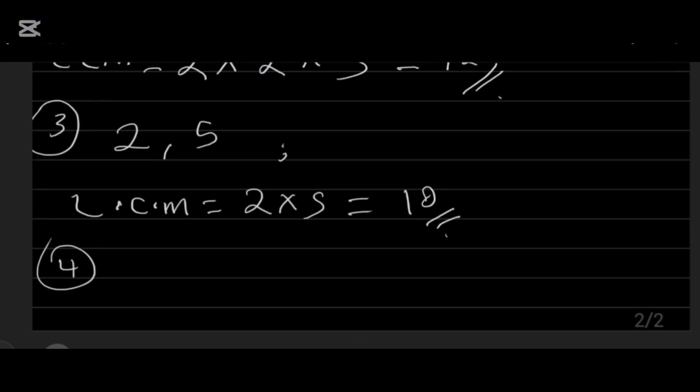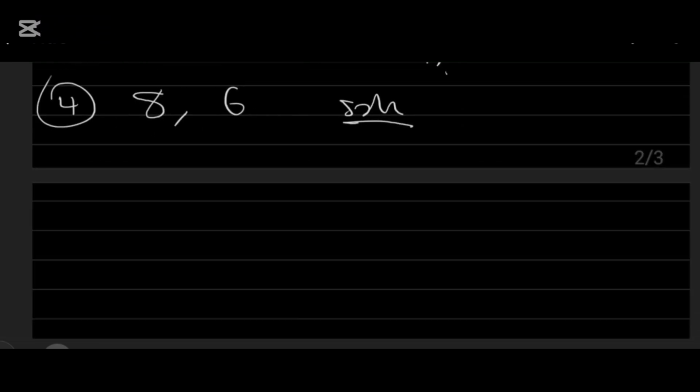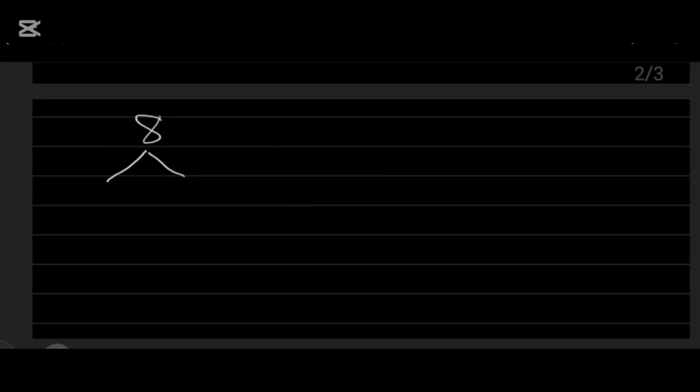Okay, another example. Let's say we want to find the LCM of 8 and 6. If we are to find the LCM of 8 and 6, we express 8 in terms of prime numbers. So now we can say that 8 is the same as 2 times 4.